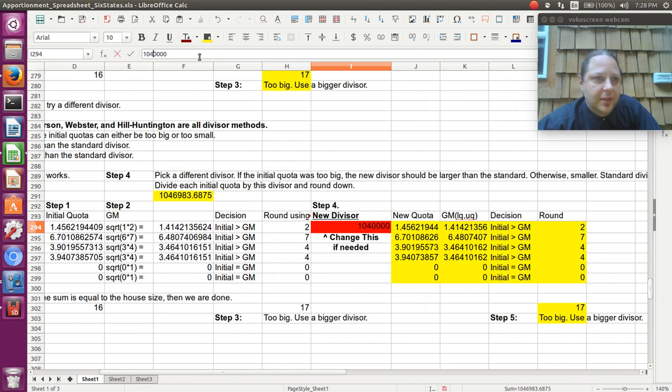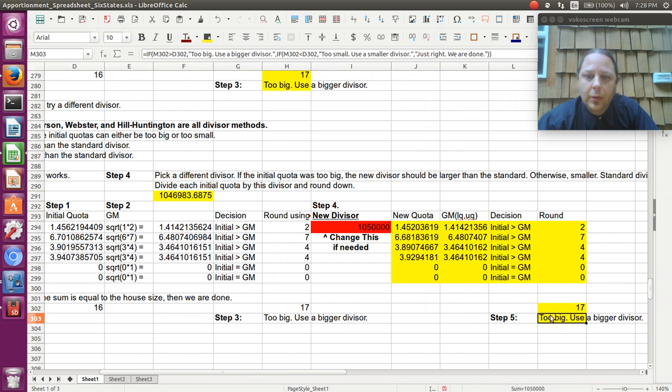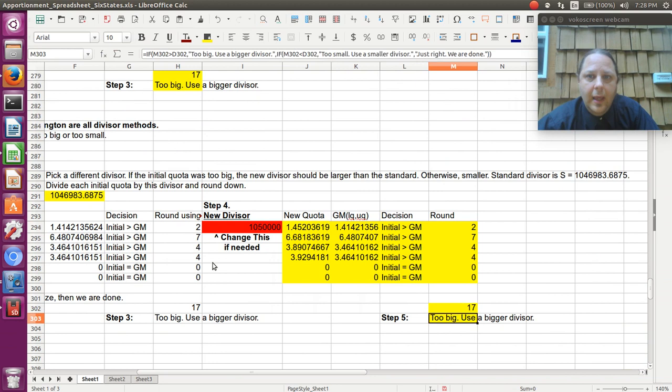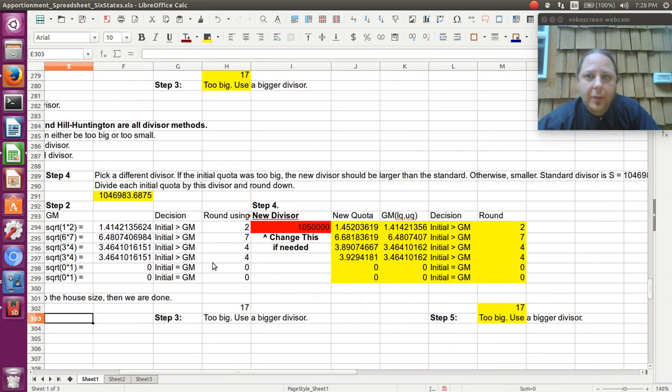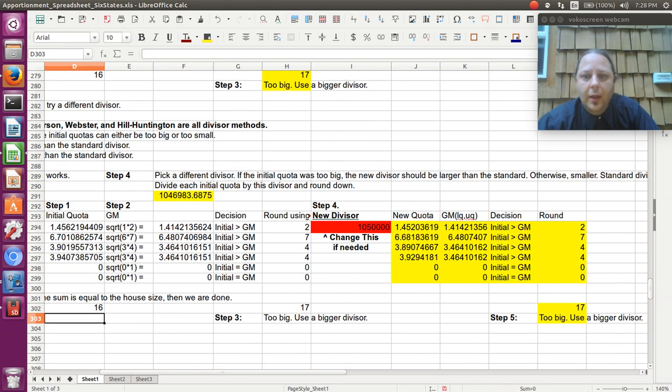The standard divisor, let's start with that. Standard divisor here. But I need something that is, like it says, bigger than the standard divisor. So what I'm going to do, just for fun, so I'm working with nice, convenient whole numbers, is change all this to 0 except the 4. I'm going to change that to a 5. Okay, that's not big enough.